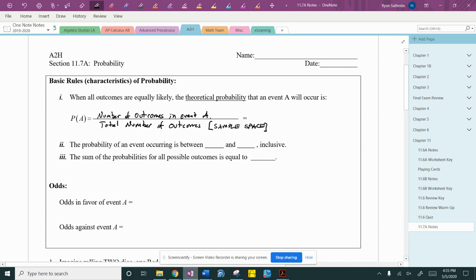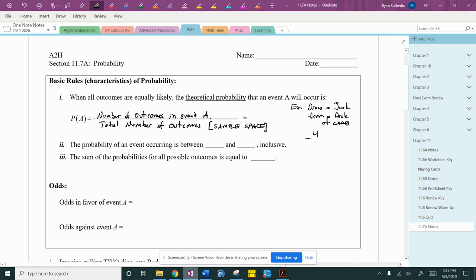So a very simple example here is, what's the probability that I draw a jack from a deck of cards? Well, my event A is drawing a jack.